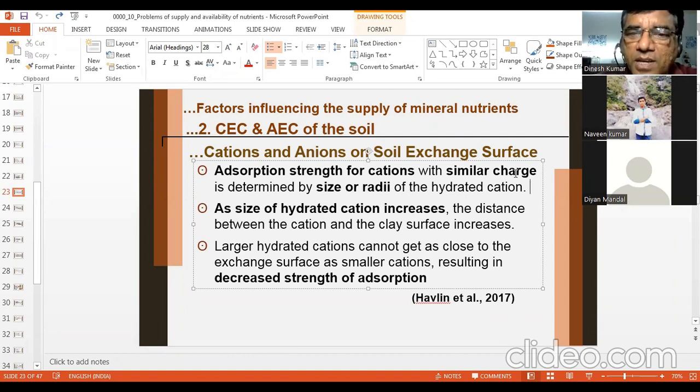As the size of the hydrated cation increases, the distance between the cation and the clay surface increases. So more hydration means the cation can be easily removed from the clay complex or colloidal complex. Larger hydrated cations cannot get as close to the exchange surface as smaller cations, resulting in decreased strength of adsorption.